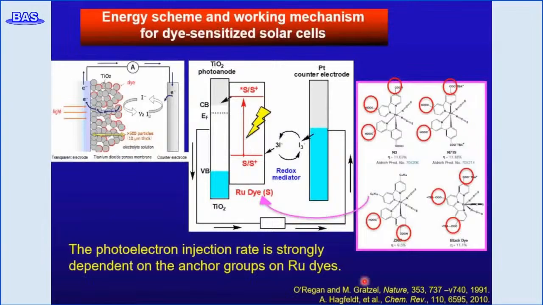In dye-sensitized solar cells with ruthenium complex adsorbed on titanium oxide, carboxyl group or phosphonic acid group are introduced on the ligand of the ruthenium complex and fixed on the titanium oxide. It is known that the photoelectron injection efficiency depends on the position and number of anchor groups.